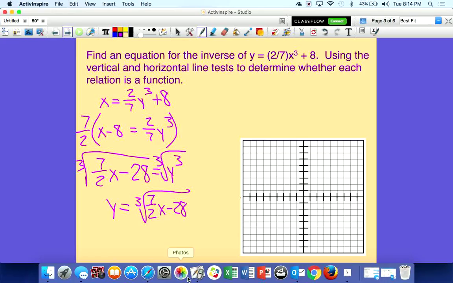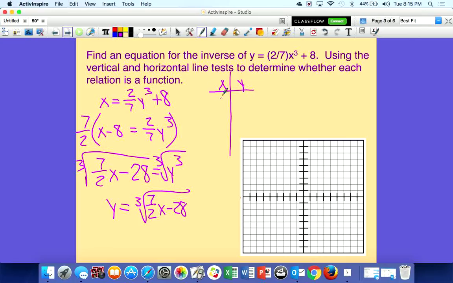Then it says, using the vertical and horizontal line test to determine whether each relation is a function. Well, I don't know how to graph this, but I do know that I can make an XY chart, and this won't be too bad to do.